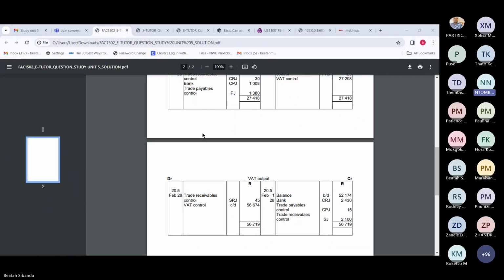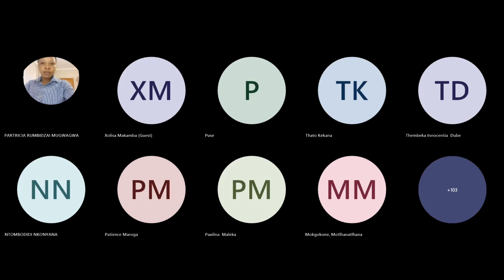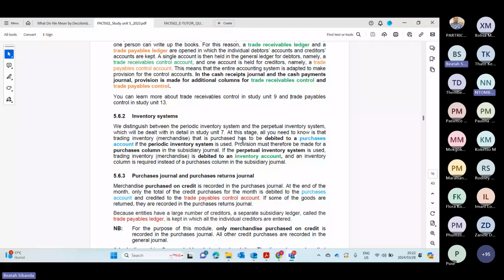No, we can't see anything. We still see the old one. Okay. Let me try again. Just bear with me. Can you see the screen? Yes, now I see it.